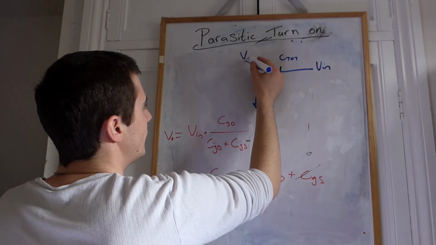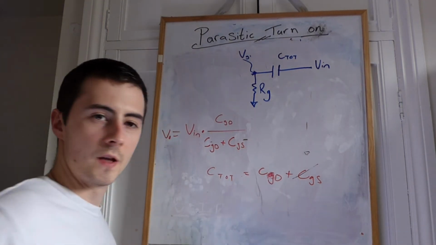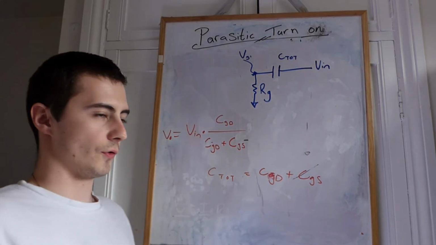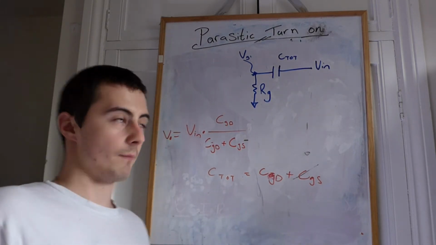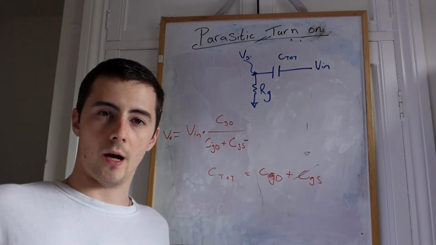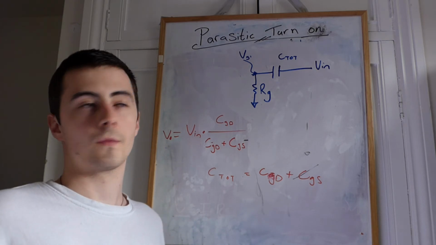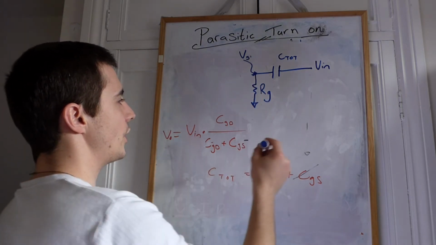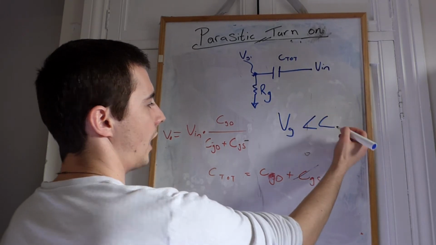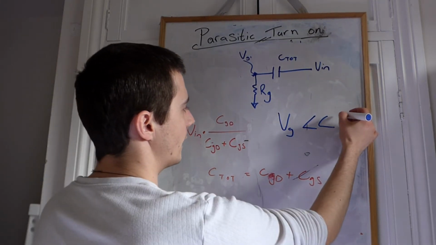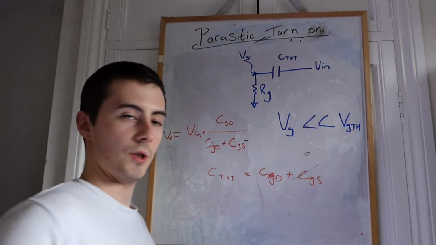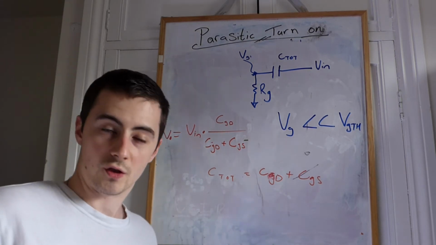So if I put VG there, that's going to be our gate voltage. Whatever voltage we get here is the voltage that's going to be dropped across the gate of our MOSFET. And if that exceeds the gate threshold voltage of our FET, the FET will turn on. So we need to make sure that VG is ideally much less than the gate threshold voltage of our MOSFET, because as soon as it exceeds that, the MOSFET's going to start turning on.